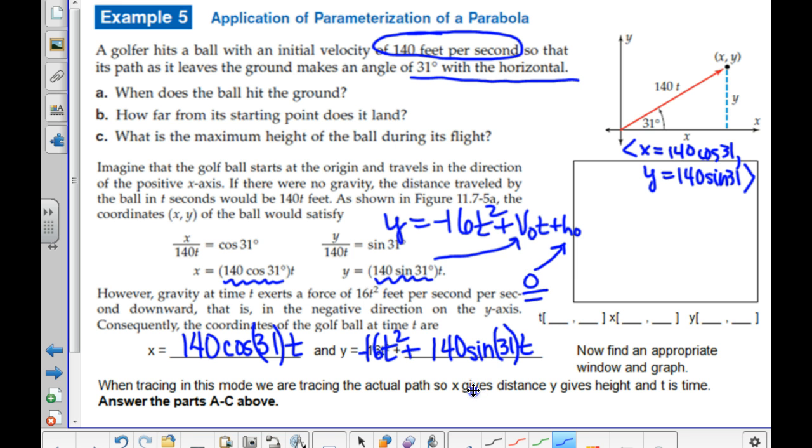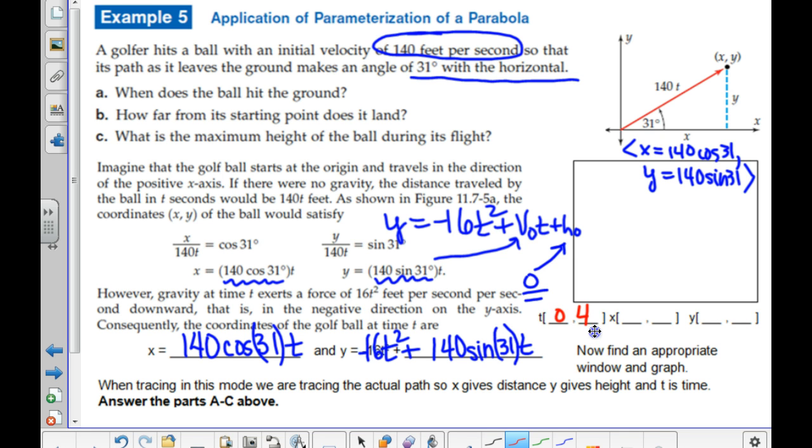Before we try to type this in, we need three things to think about in terms of graphing. T is time. When you hit a golf ball, how many seconds until it hits the ground? Sure, 4. We could try 4.